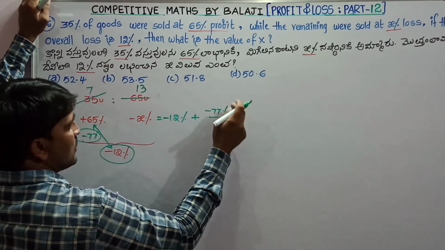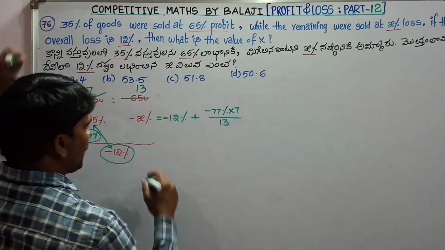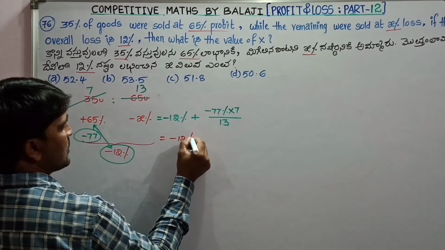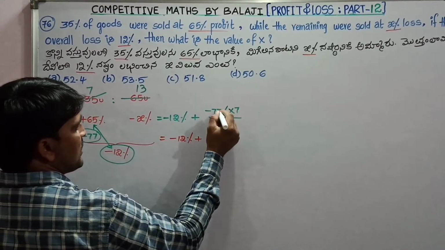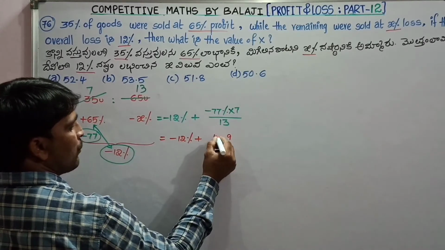We have to cover this deficiency on the remaining 65 units of goods, which is equal to minus 12%. 7 sevens are 49, 7 sevens are 49 plus 4, 53.